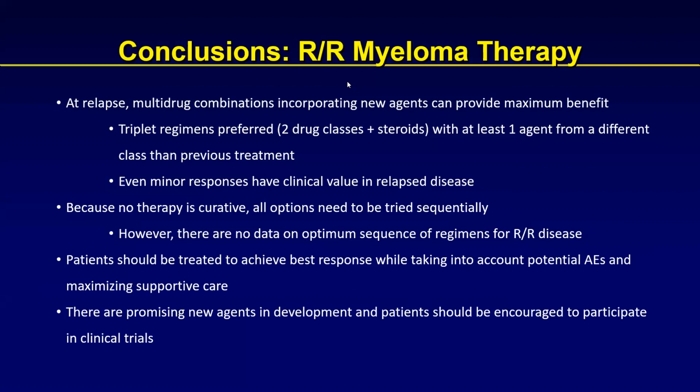Because no therapy is curative in multiple myeloma, all options need to be tried sequentially. However, there are no data on the optimum sequence of regimens for relapsed refractory disease at this time. Patients should be treated to achieve best response while taking into account potential adverse events and maximizing supportive care.